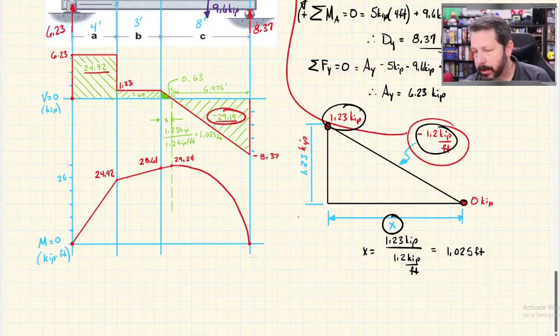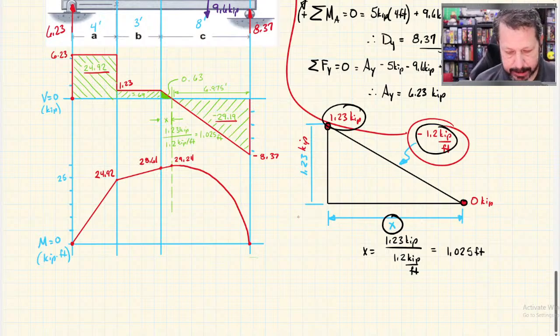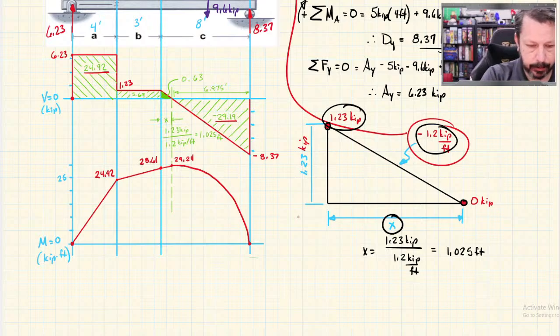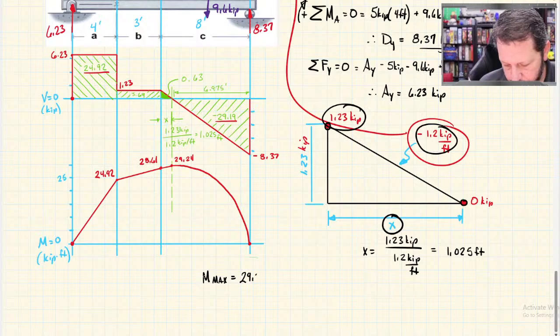That's what I was talking about. Sometimes, depending on how you round, the moment diagram may not come out exactly at 0. So anyway, what this tells me is that my maximum internal bending moment, which is a large point of what we're trying to do here, M max equals 29.24.